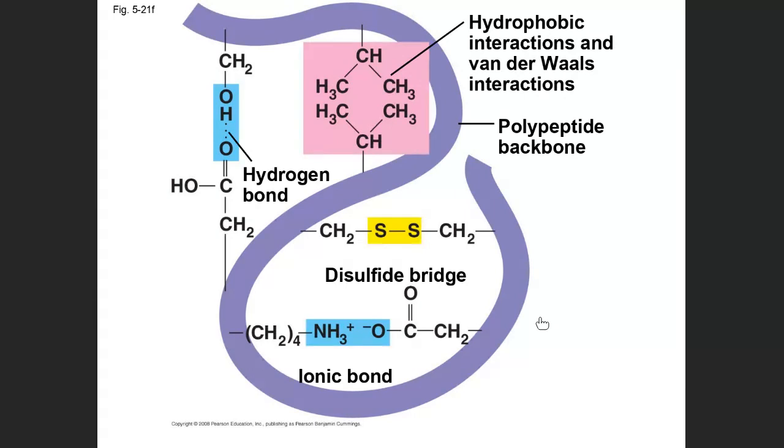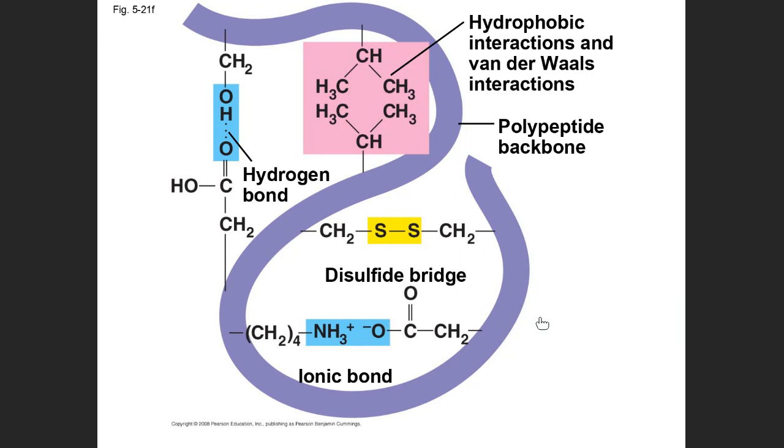So all those different kinds of chemical bonds and interactions cause a peptide to fold in a very specific way. And it's that folding that gives that protein its structure and its function. That's all because of all the different kinds of amino acids and all the different chemical interactions they have with each other.